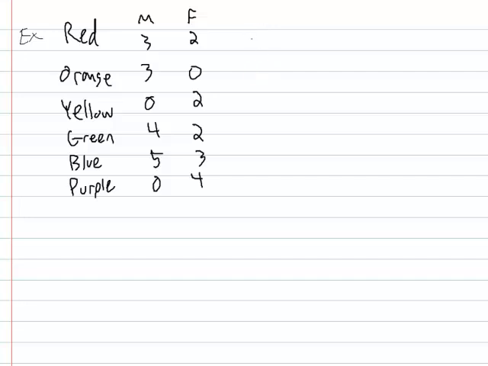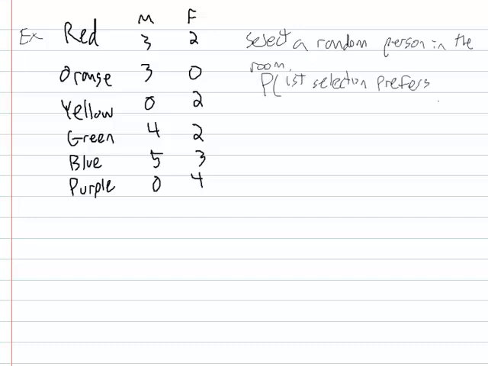Here's the trial: select a random student, a random person. What is the probability that the first person selected prefers yellow, and the second selection prefers yellow?